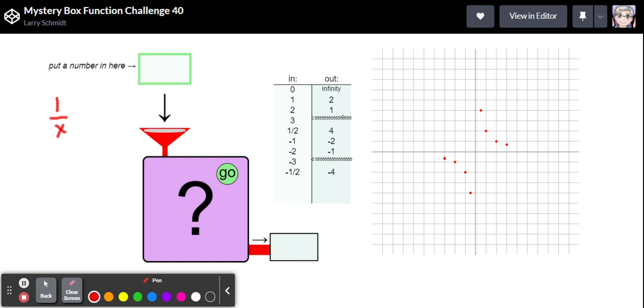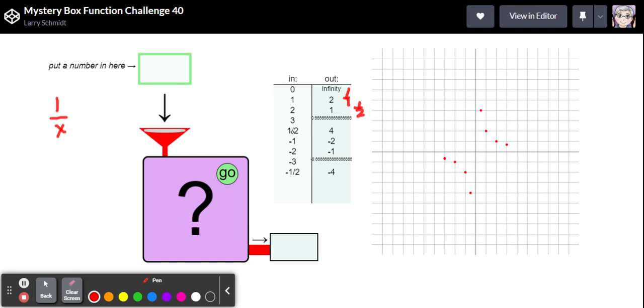But that can't be what it is, because if I put in a 1, 1 over 1 would be 1, and we've got a 2. And if I put in a 2 here, I would get 1/2, but I've got 1. So this would have been 1 over 1, and this would have been 1 over 2, but it's 1. So it looks like both of these are double.